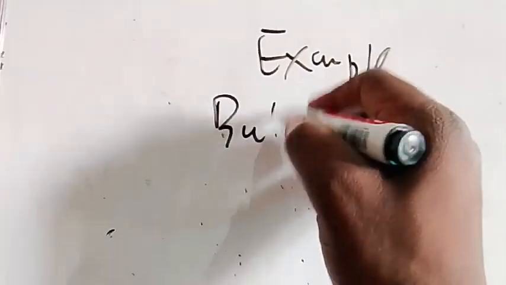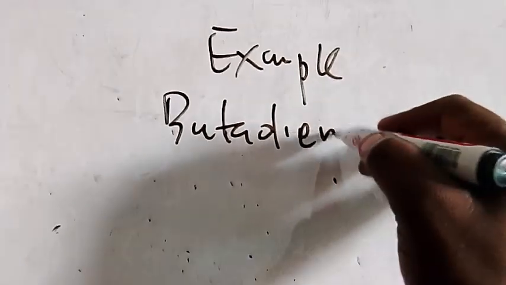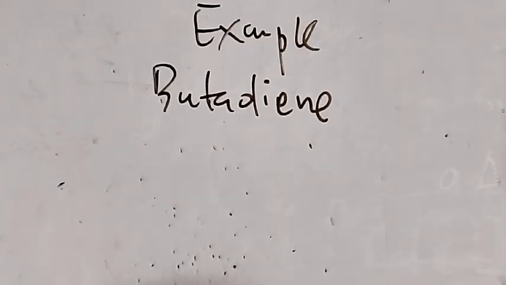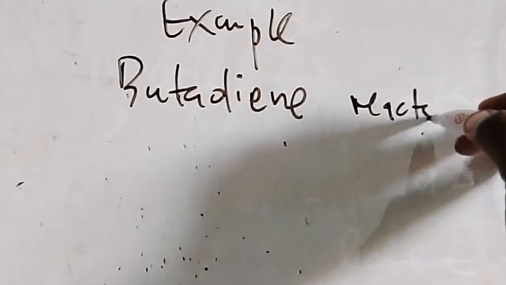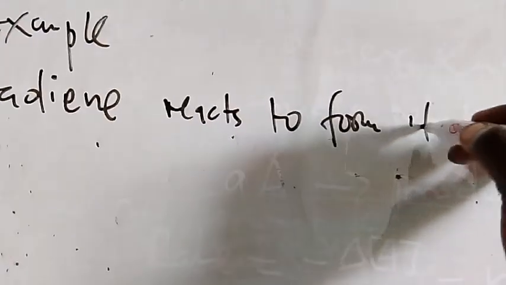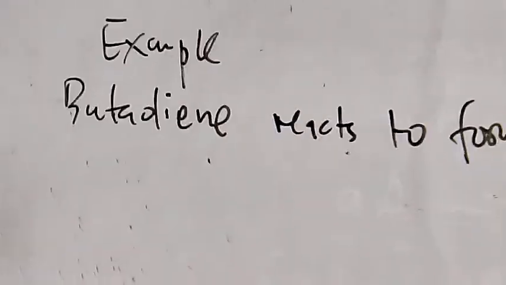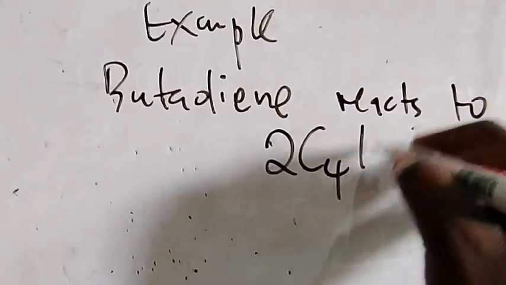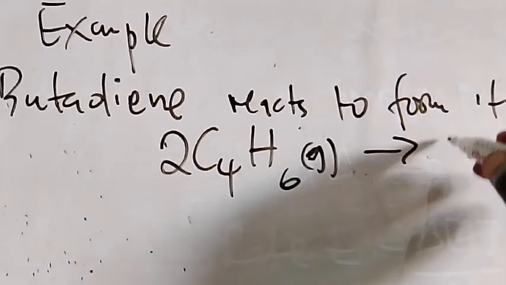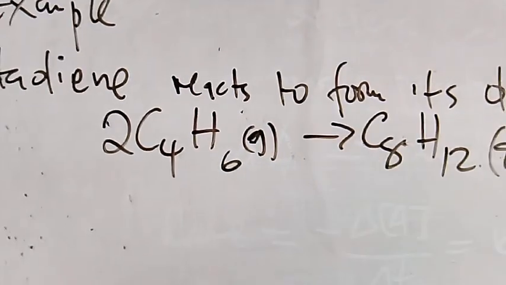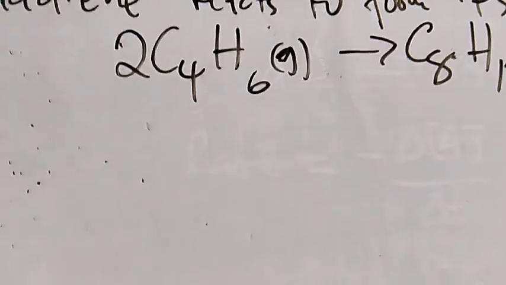Butadiene reacts to form its dimers, according to the reaction C4H6 forms C8H12. Okay, so the following data were collected.